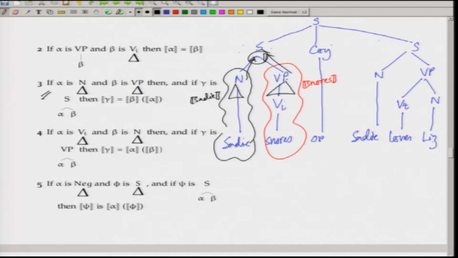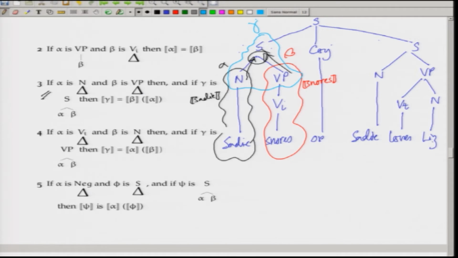Then in this case, alpha and beta are understood. So this entire thing is alpha and this entire thing is beta. If that is the case, then if gamma is S and S goes to alpha beta, and we can see that yes, it is true that this is S goes to alpha beta. So this is our gamma.